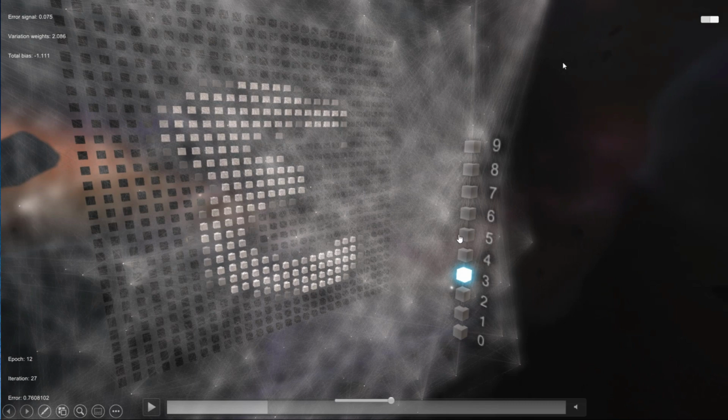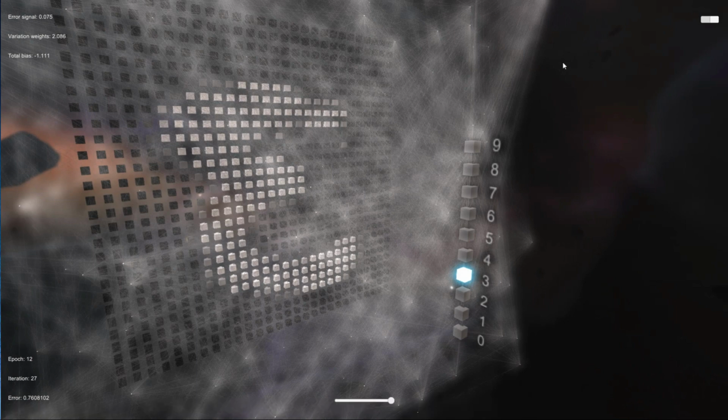This prediction in this problem will be the guess of the number. So we have trained our neural network to guess the number that the image has.